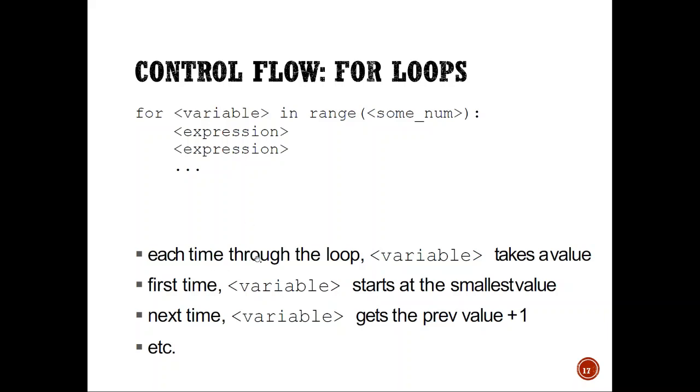Each time through the loop, this variable takes a value. The first time, the value starts at the smallest value, and then it gets incremented. By default, this increment is defined to be a value of 1, but the value of the increment can actually be defined.